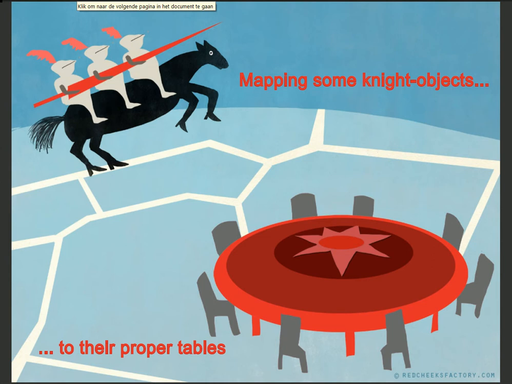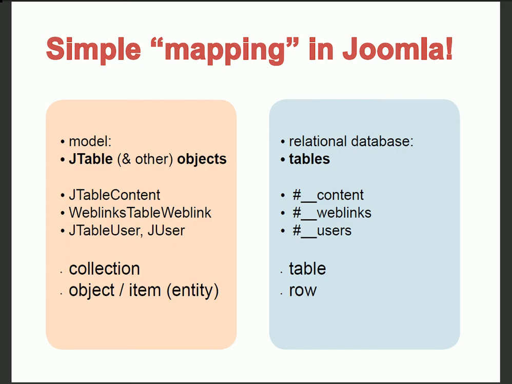In Joomla, that mapping can be very simple, very straightforward. A table row is an object, an item. A table row is an article, a web link, a user. So they are very much one-to-one related.